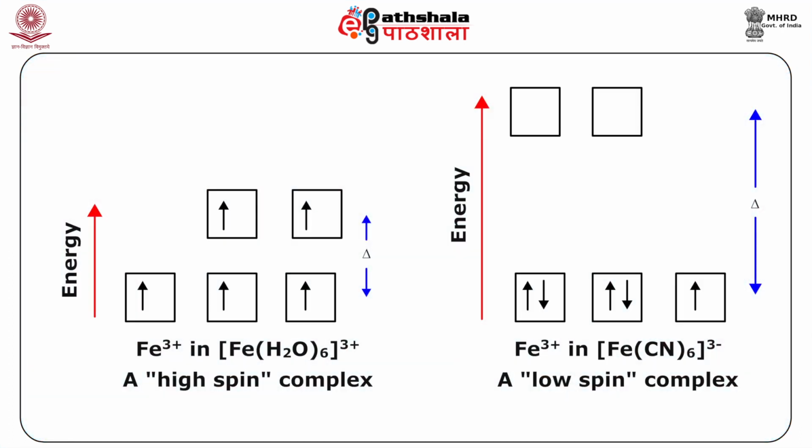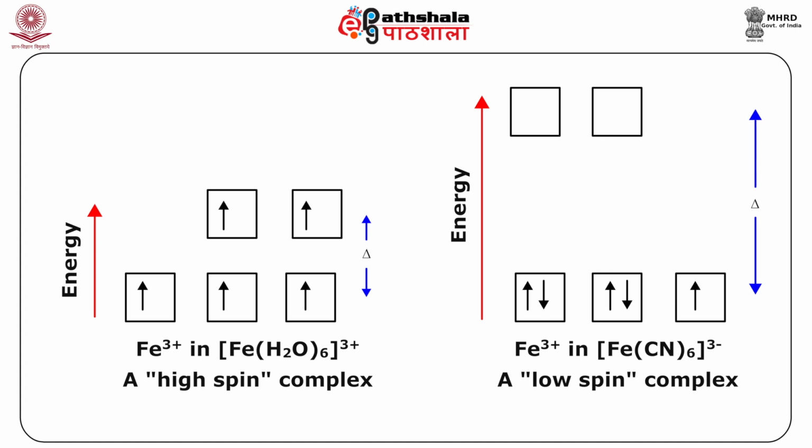Let us consider the case of Fe3+ complexes with two different types of ligands, namely H2O and CN negative. H2O is a weak field ligand in comparison to CN negative, which is very strong. Here we will have two different types of complexes as represented in the figure.